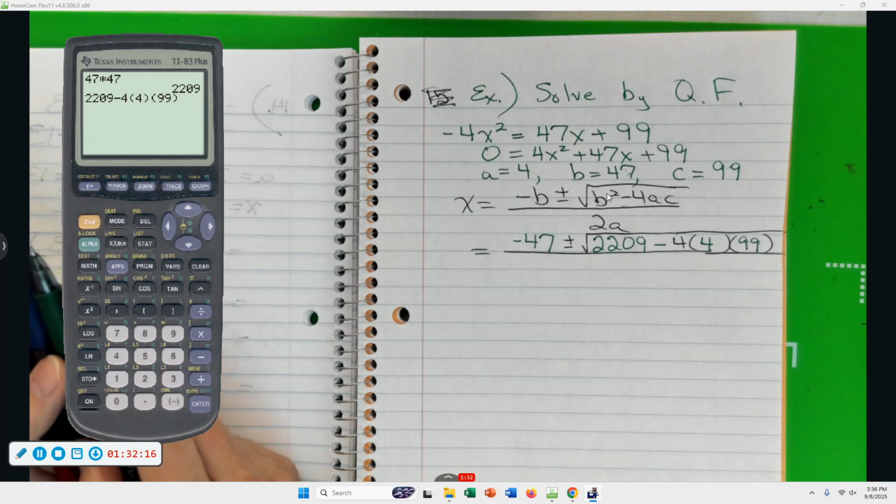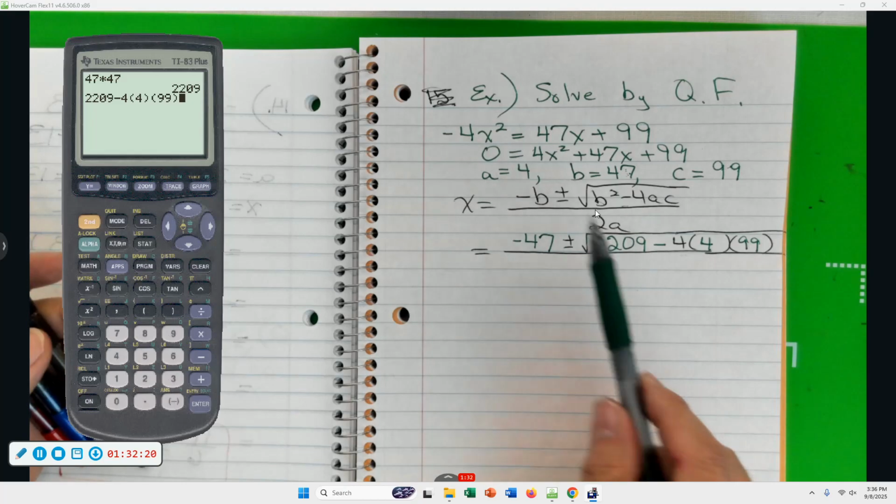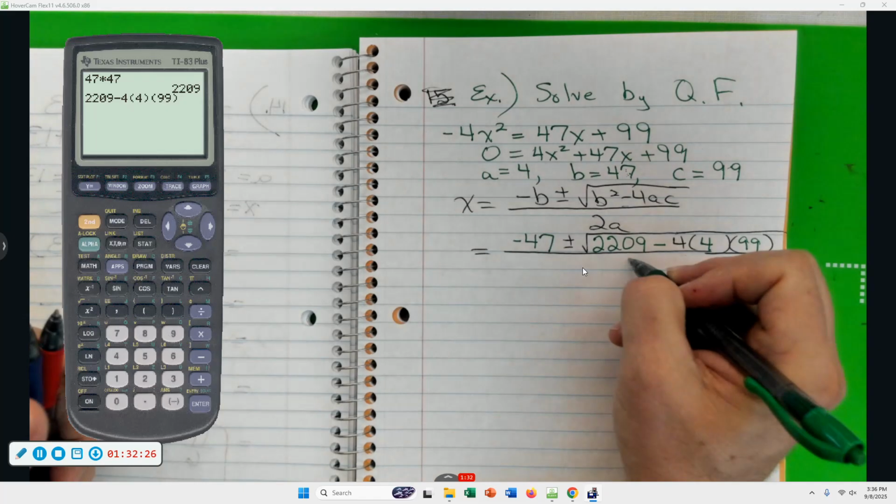All over, what's my denominator going to be? 2 times a. 2 times 4 gives me 8.